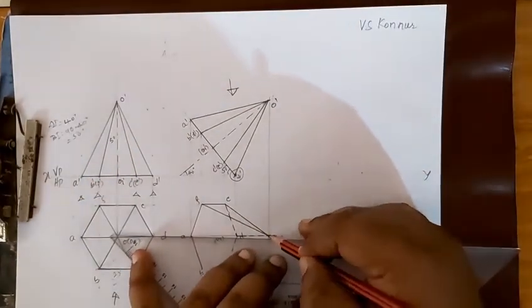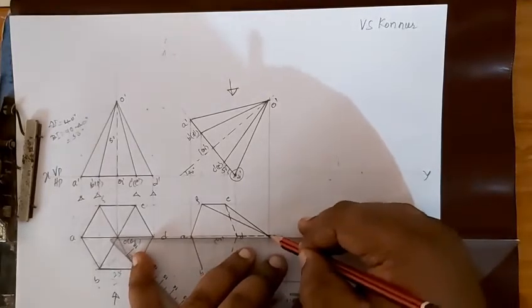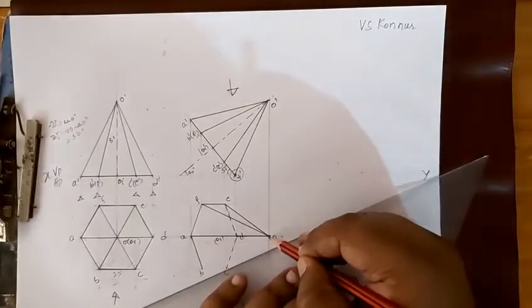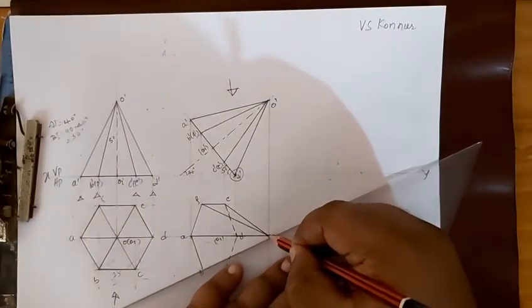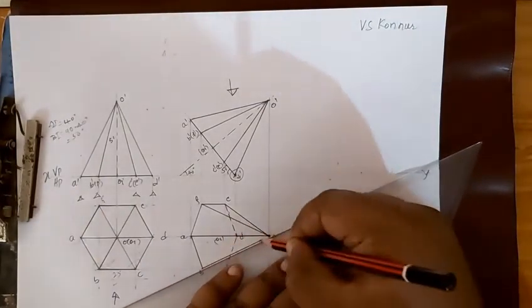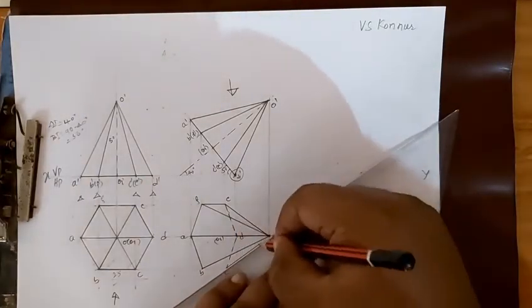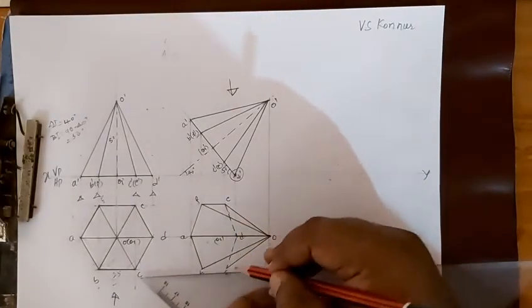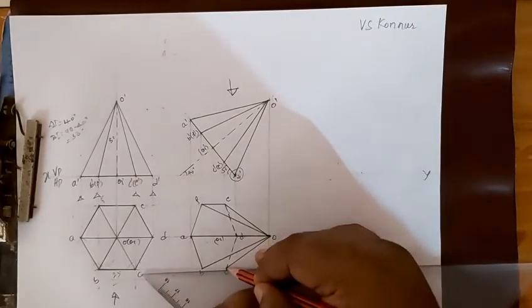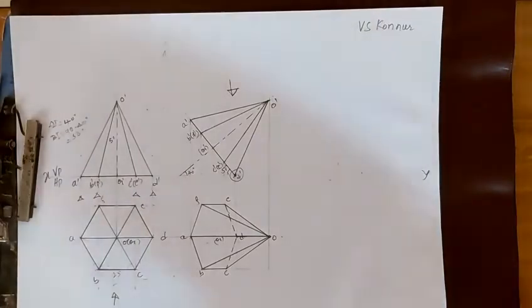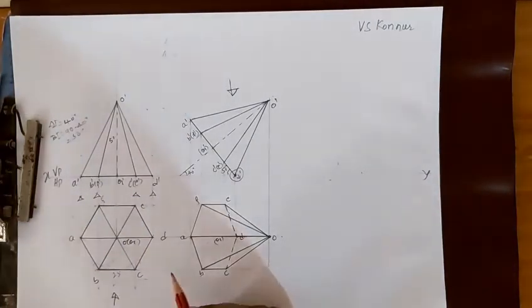Because of OA, this dash line will not be visible. So this is the top view of the second position, and we will give the arrow marks.